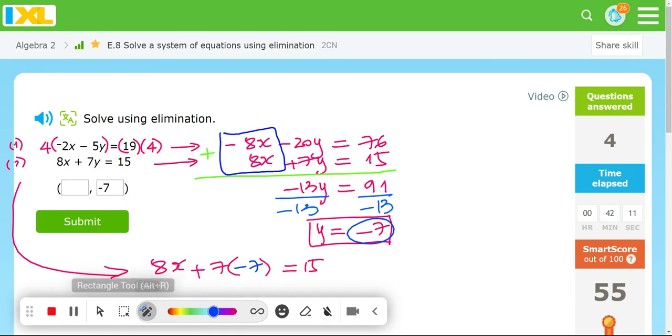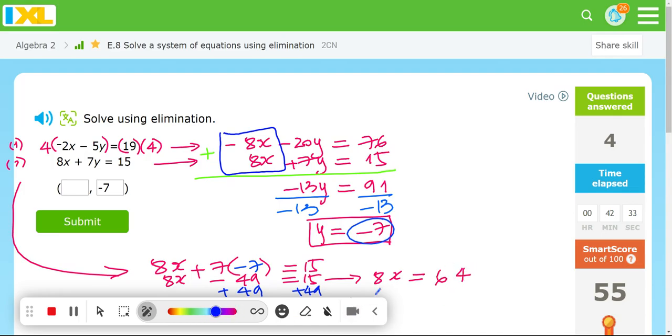I come out 8x subtract 49 equal 15. To solve this, I would add 49 on both sides. So I come out 8x equal 64.